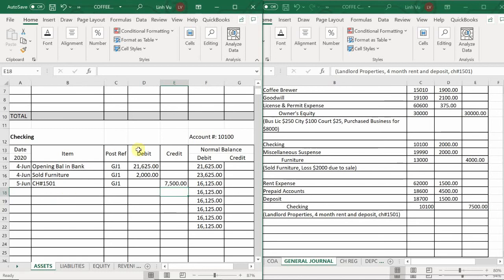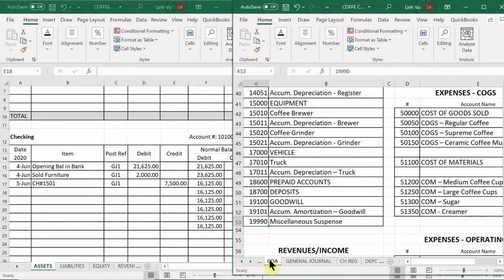Mhm. So this is how I'm creating a running balance in every single account that exists in, or I'm sorry, not QuickBooks. This is every account that exists in my chart of accounts. Okay. So everything that we have here in this chart of accounts is going to reflect in this ledger, and it's going to give me every account balance because I need to have this done in order to do step 5, which is run my trial balance.